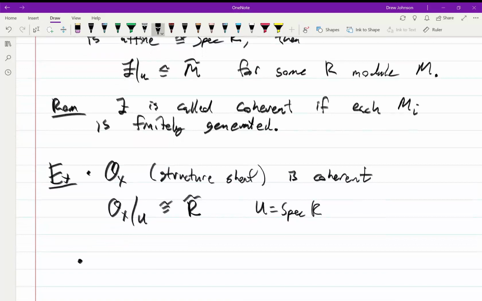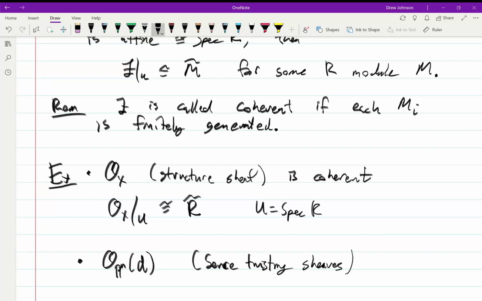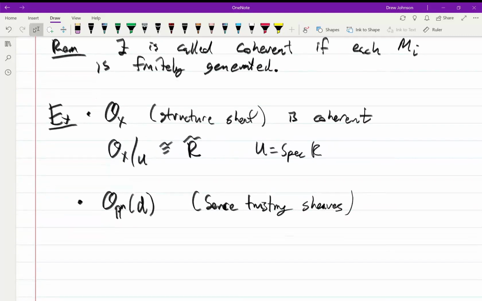So in particular, this gives us another example, the O_{P^n}(d), the Serre twisting sheaves. I think in the lecture where we introduced these, we showed that locally they're isomorphic to the structure sheaf.